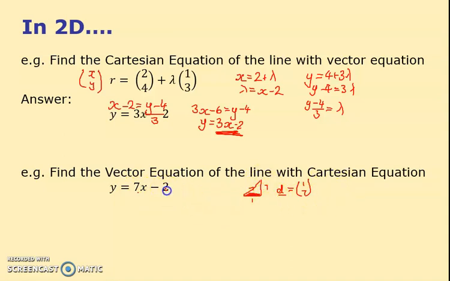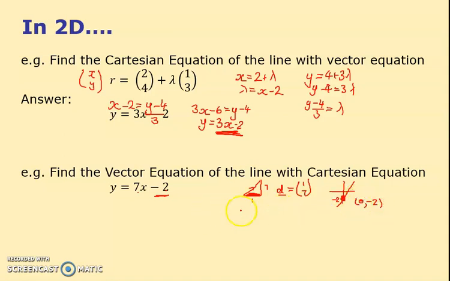That's my direction vector. Now, the point where it crosses the line, if you think about this, the minus 2 is actually a point on the line. It's a very steep graph, this one, and it crosses, not my best graph ever, at minus 2. Now, that has properly got a coordinate of 0, minus 2.